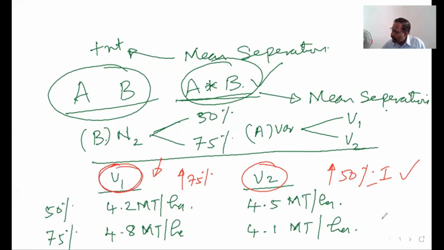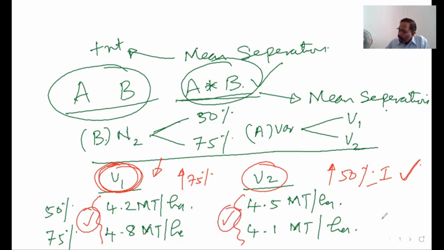Here we said if there's an interaction, for variety 1 we want to find out which nitrogen is good, and for variety 2, which nitrogen is good. We want to find out that information.